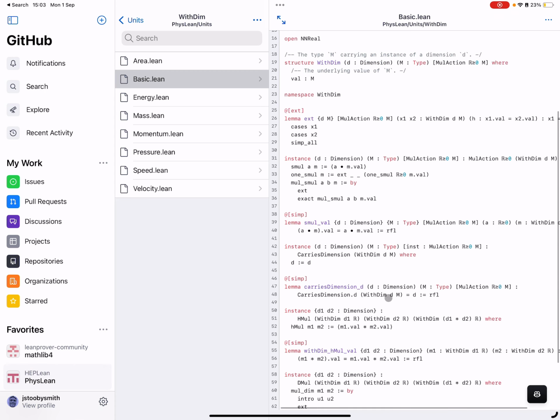The relevant instance is this one here. So this is basically exactly the same as M, except it carries this additional instance, that it carries a dimension. And this is typical of the sorts of things that you'd see in Mathlib, where you may not want to put an instance on a given type, so you do it with something like Lp, which has a different type of norm, for example, or a different type of inner product.